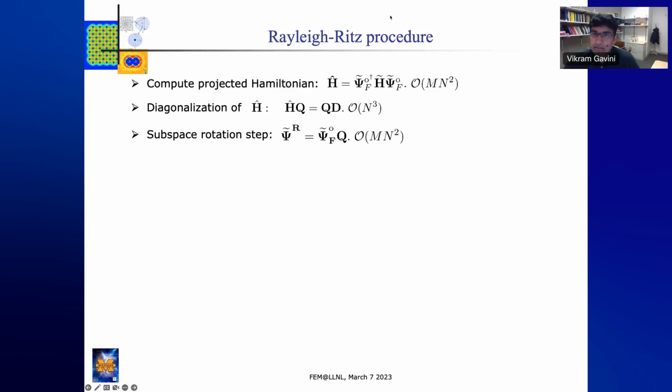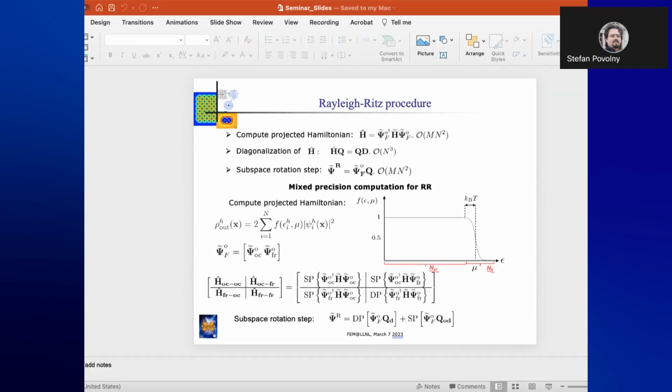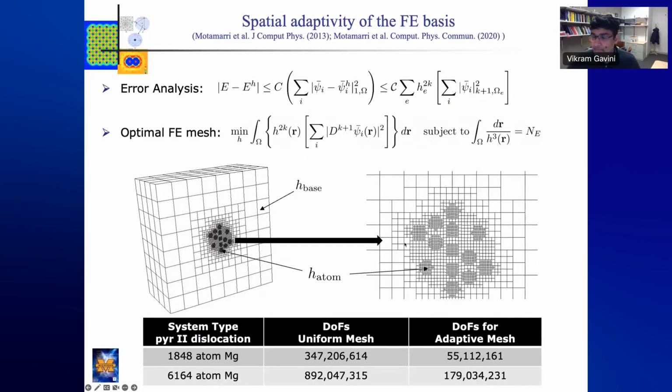I see Stefan posted something in the chat. Stefan, do you want to unmute and ask? Sure. First of all, thank you for your great talk. I had just noticed that your meshes don't look compatible, so I was wondering if they don't need to be, or if you're enforcing some edge constraints on the cells. They are compatible, in the sense that the basis functions are C0 continuous.